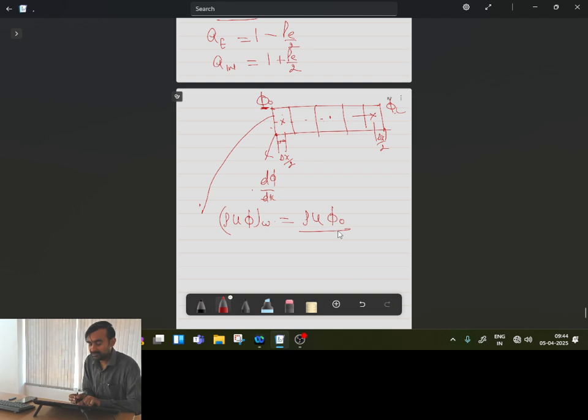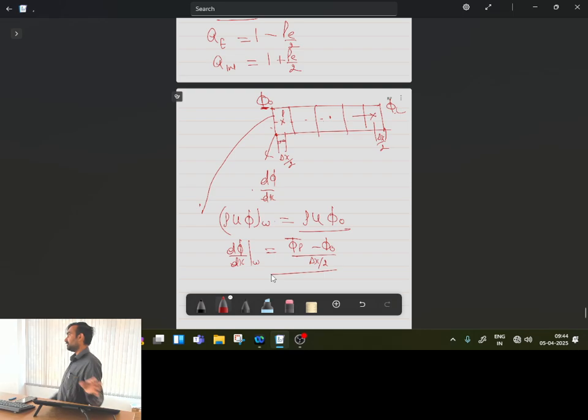So in the convection term it will directly become phi naught, and in the diffusion term, when you calculate d phi by dx at face w, that will become phi at node p minus phi naught divided by delta x by 2. Are all clear with this point? So this thing you have to keep in mind. The treatment of the boundary node will be slightly different because of the half distance between the boundary and the cell point.